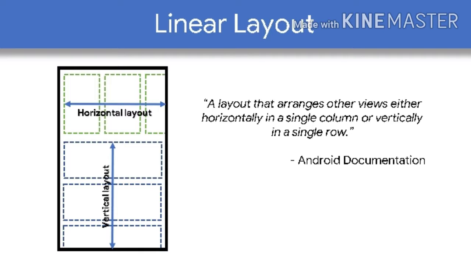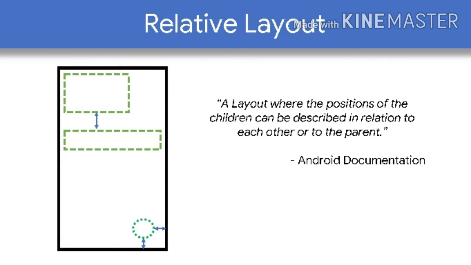And let us see what a relative layout is. Relative layout is another type of layout which places the components inside it in relation to each other. As the Android documentation states, a relative layout is a layout where the positions of the children can be described in relation to each other or to the parent.